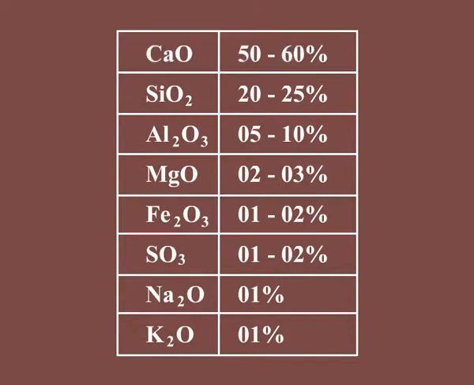Calcium oxide 50 to 60%, silicon dioxide 20 to 25%, aluminium oxide 5 to 10%, magnesium oxide 2 to 3%, ferric oxide 1 to 2%, sulfur trioxide 1 to 2%.